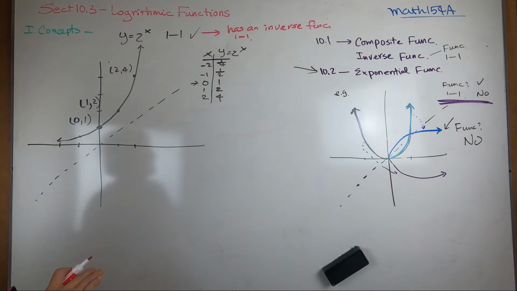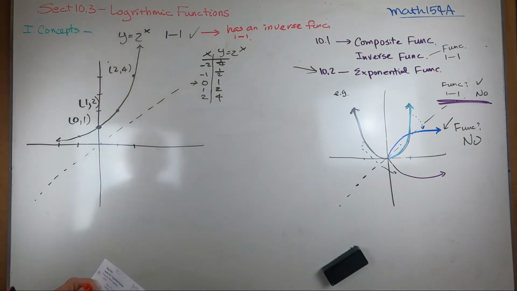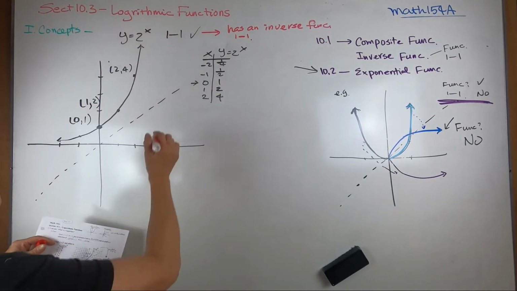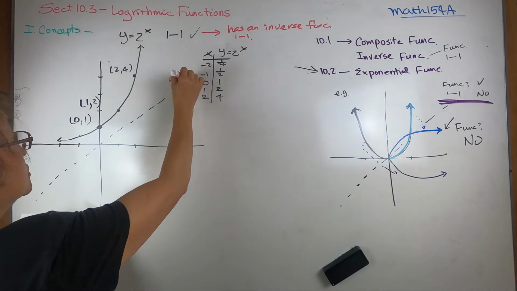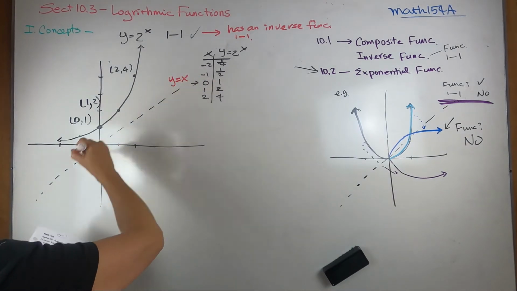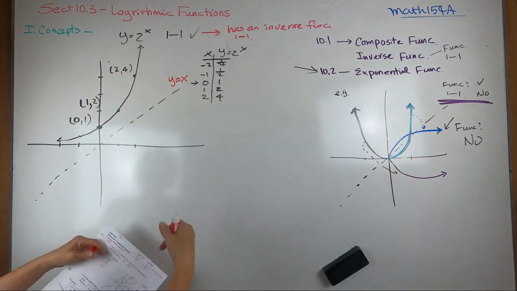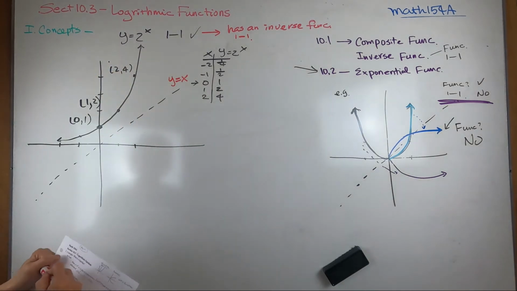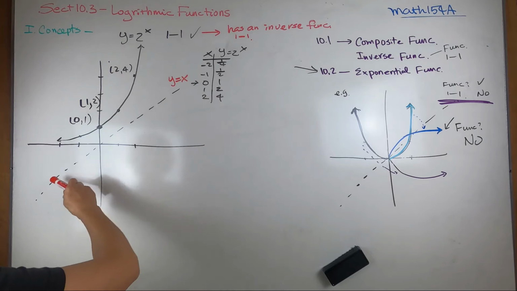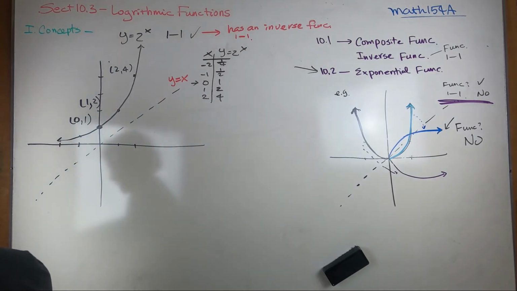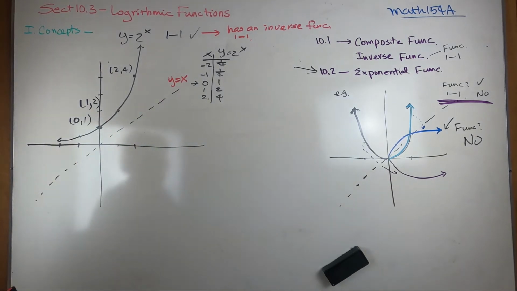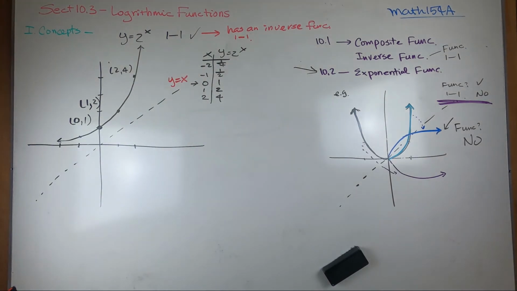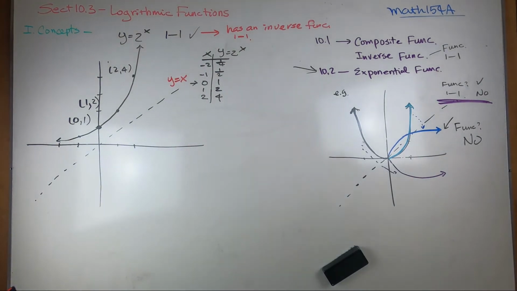You go back, still 1-to-1. Then it will be reflected with respect to this line, you fold over, because you switch x and y. This one is x equals y. So when we fold over, let's see how it looks.